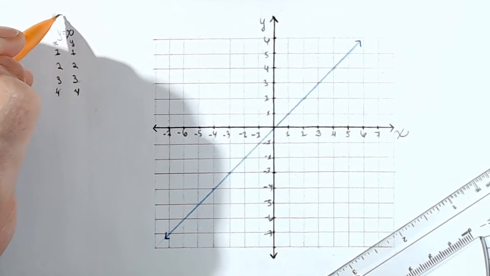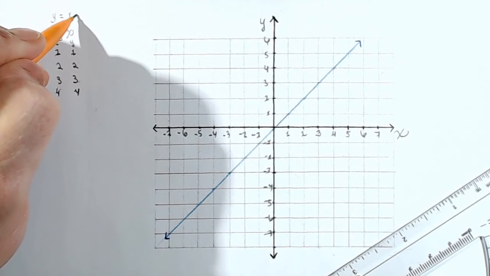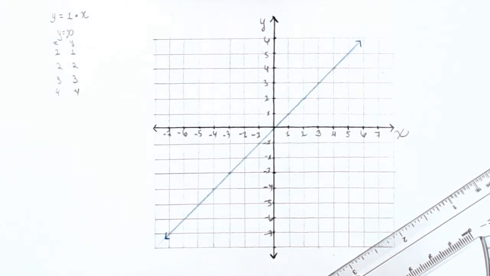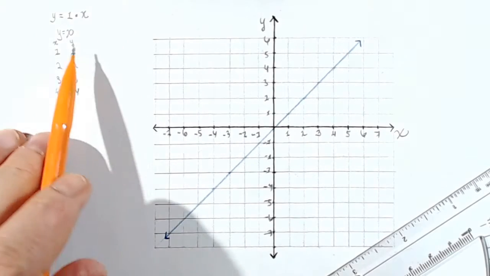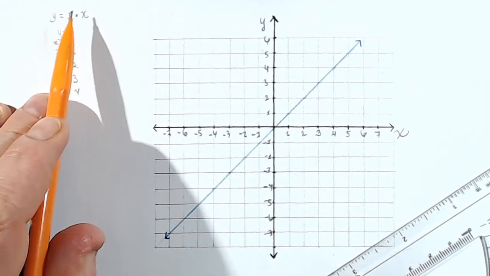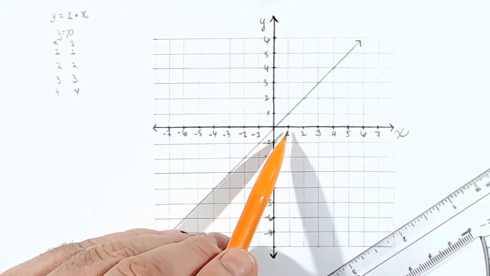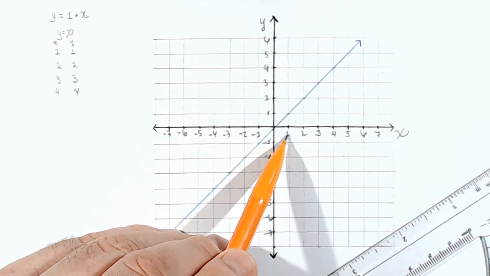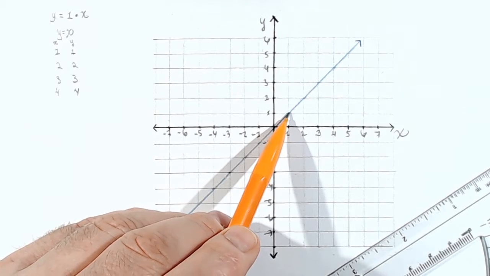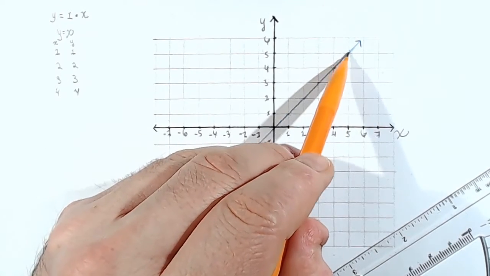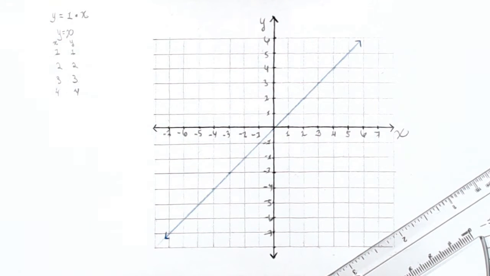Y equals 1, a slope of 1, times whatever the x value is. Okay? So you get your y value by multiplying your x value by 1. And you see that here. We have x of 1. We multiply it by 1, we get 1. Here we have x of 5. We multiply it by 1, we get 5. That's how we're getting these numbers.